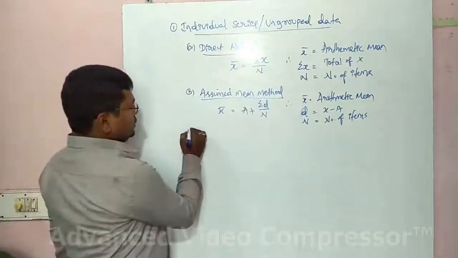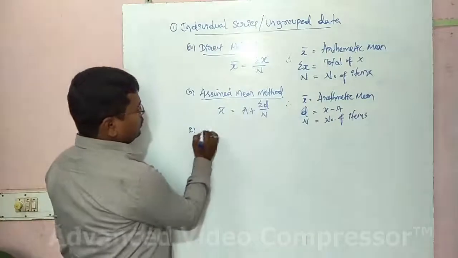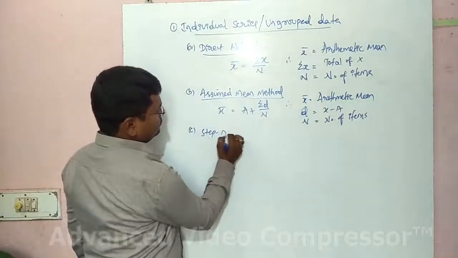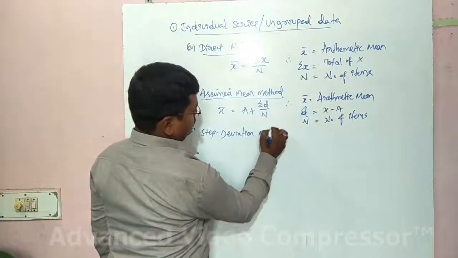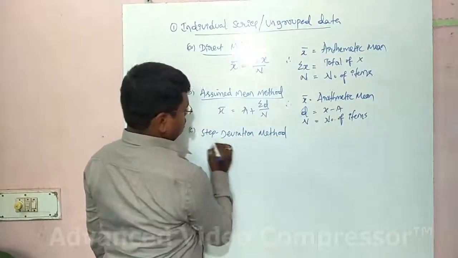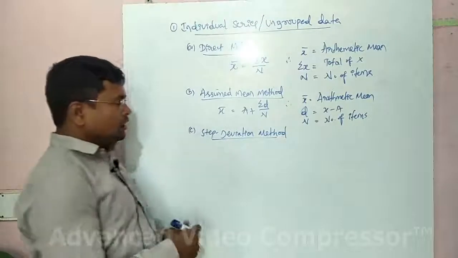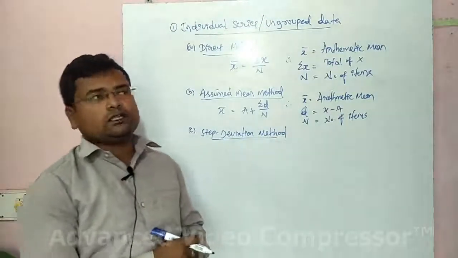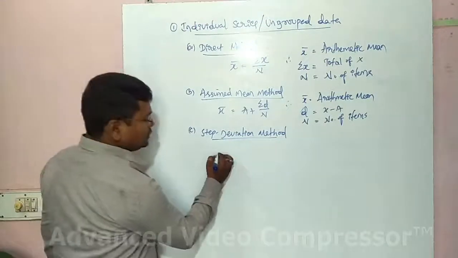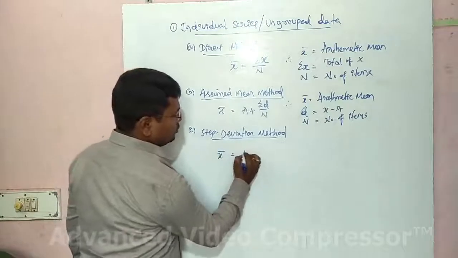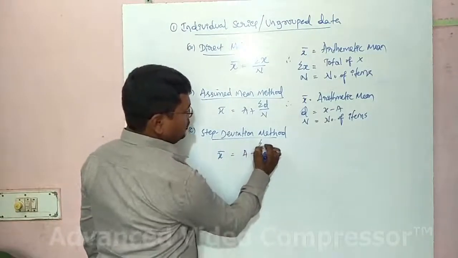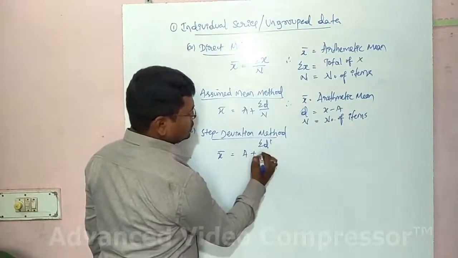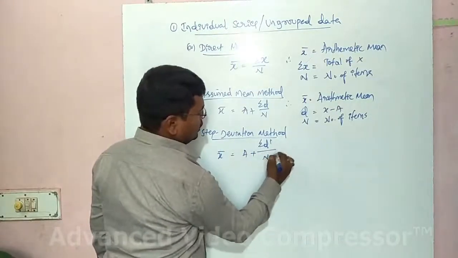And there is another method called the step deviation method. Even in this method there is a separate formula. The formula is like this: x bar is equal to a plus summation of d dash divided by n into c.